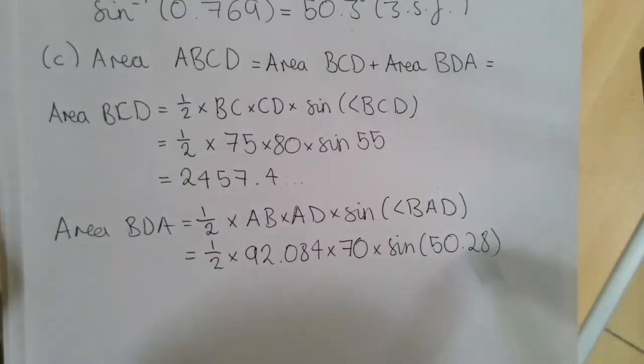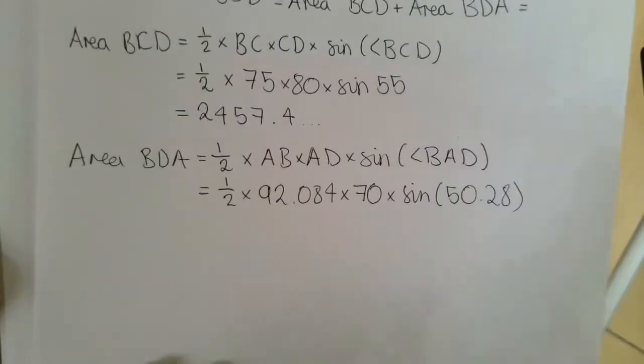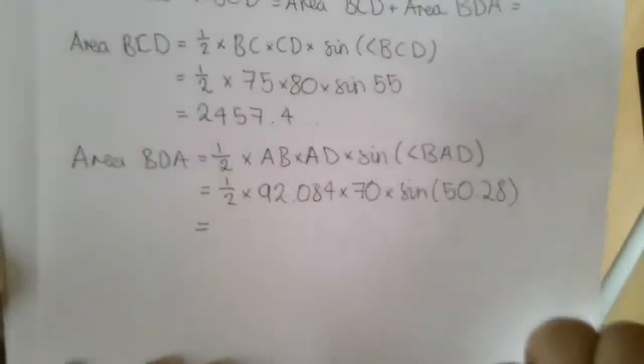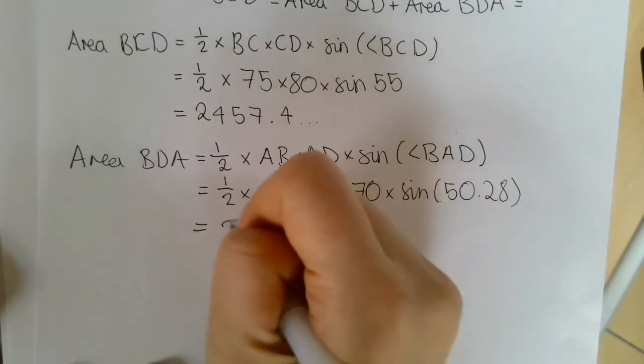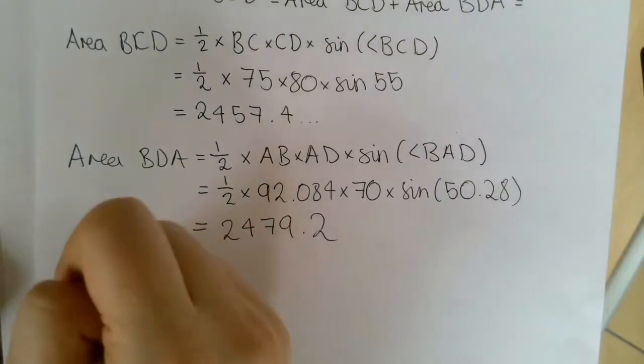I'm just using the value before I rounded it up to 3 significant figures to remain accurate, which is equal to 2479.2.